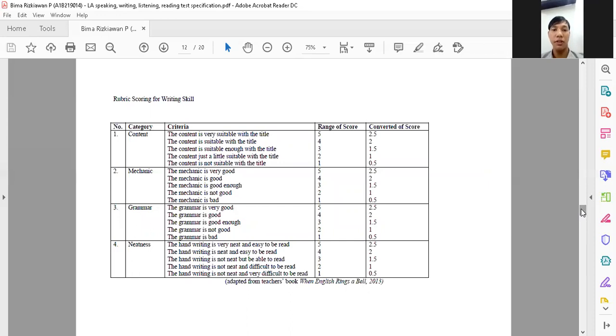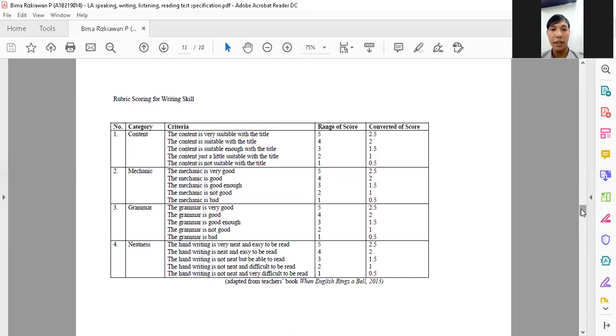to score. And about the rubrics scoring for writing skills, first, content. The high score for content is when the content is very suitable with the title, and the low is when the content is not suitable with the title.